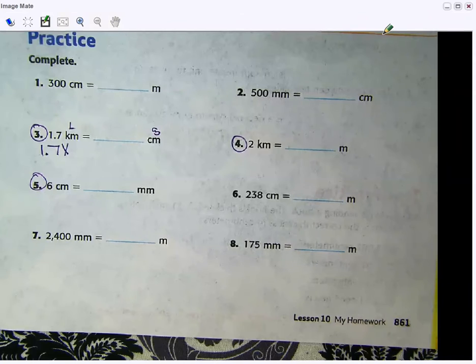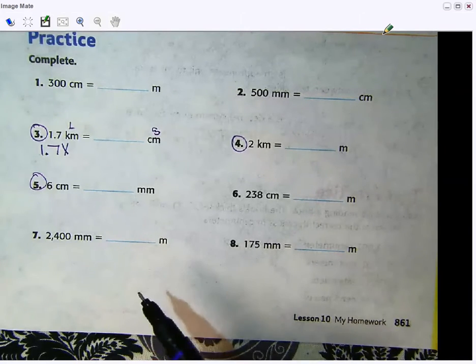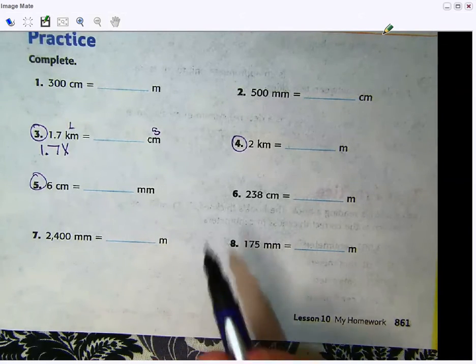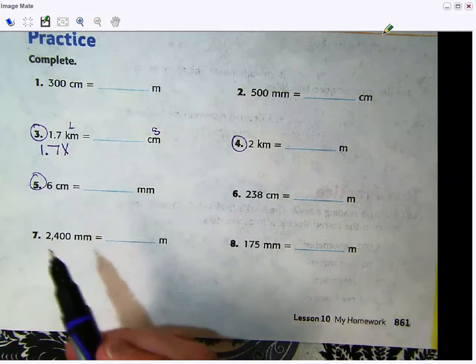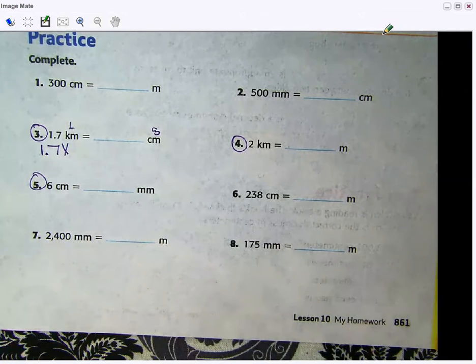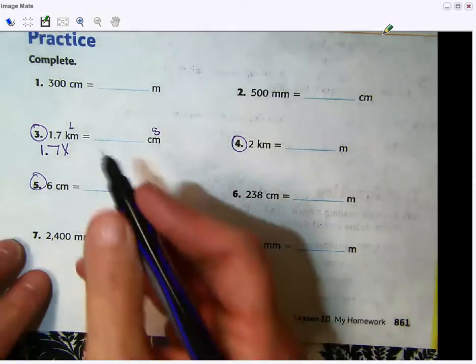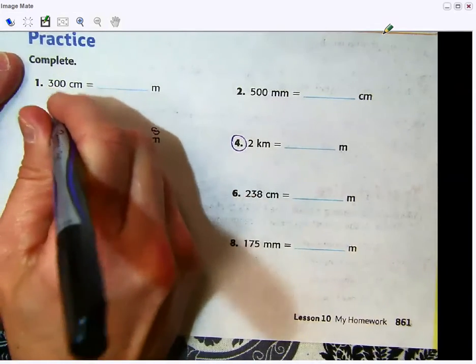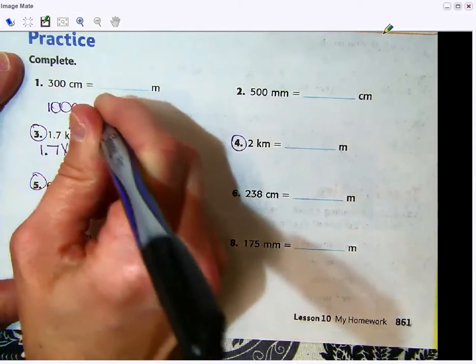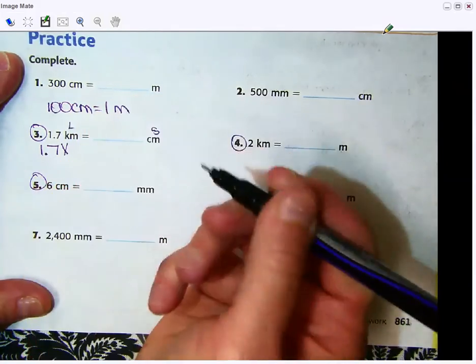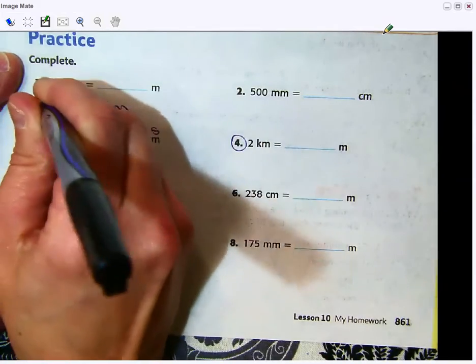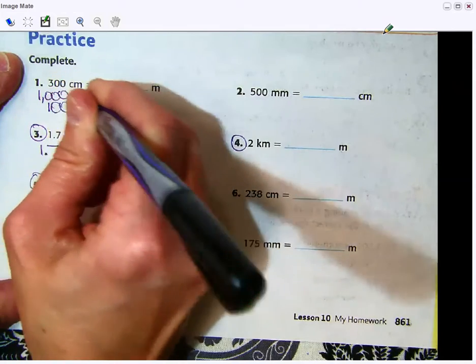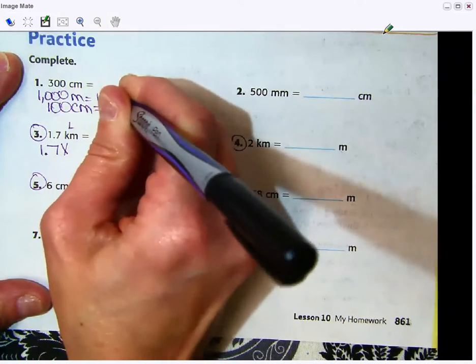All right, so if you look at the conversion on page 857, there is not a conversion that goes from centimeters to kilometers, but we do know how many centimeters are in a meter, and we know how many meters are in a kilometer. So there are 100 centimeters in 1 meter, and there are 1,000 meters in 1 kilometer.